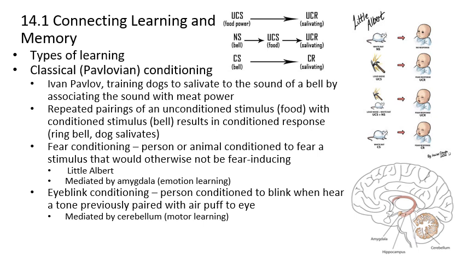So there's a famous example that was unethical by all standards these days, but you could do it back in maybe the 70s, where a little baby named Little Albert was trained to fear a white rat by associating that rat with a loud sound. So they would show him the white rat and then hit cymbals behind him, and that would scare him.